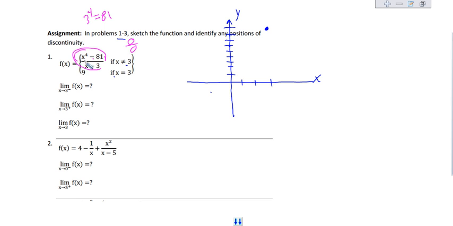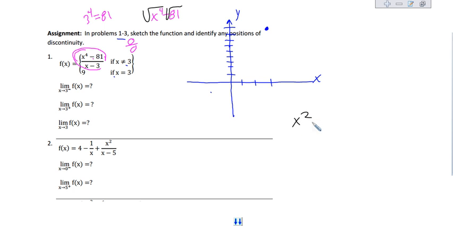So let's look at the numerator and see if we can factor it. We notice that we have x to the fourth minus 81, and both of these terms have a perfect square, don't they? So it's a square minus a square. So let's see if I can find some real estate here to work with.